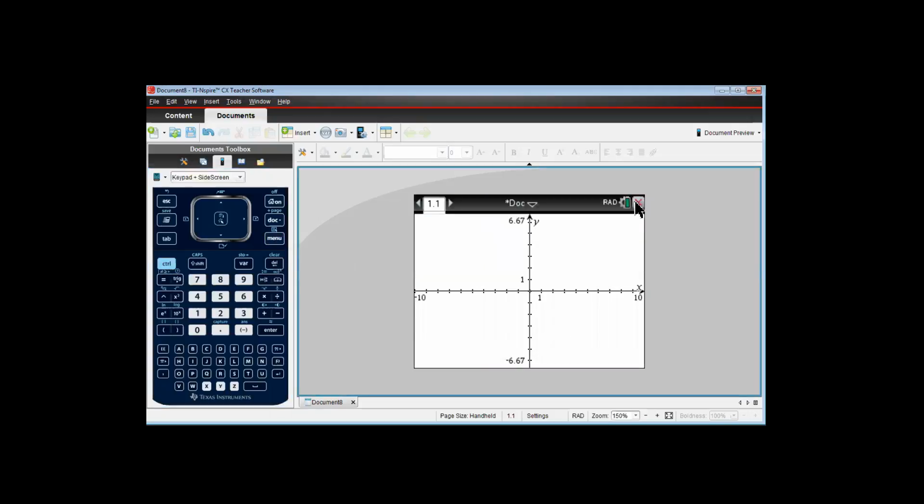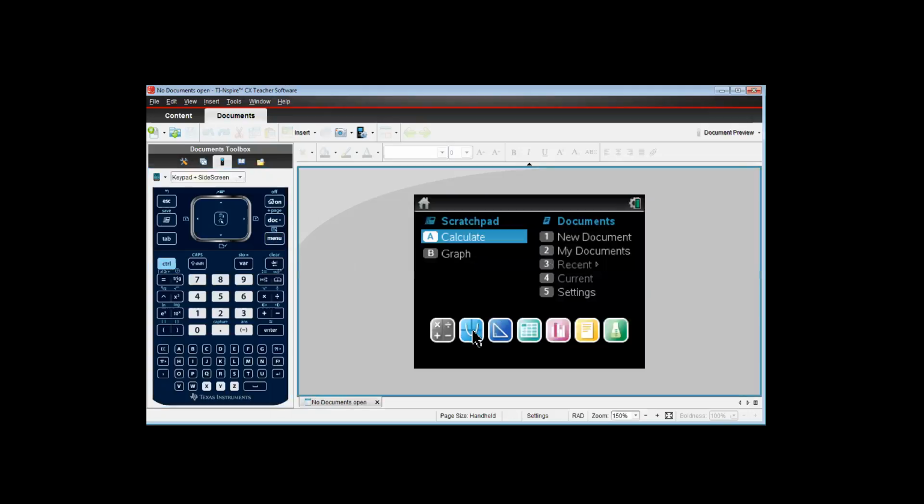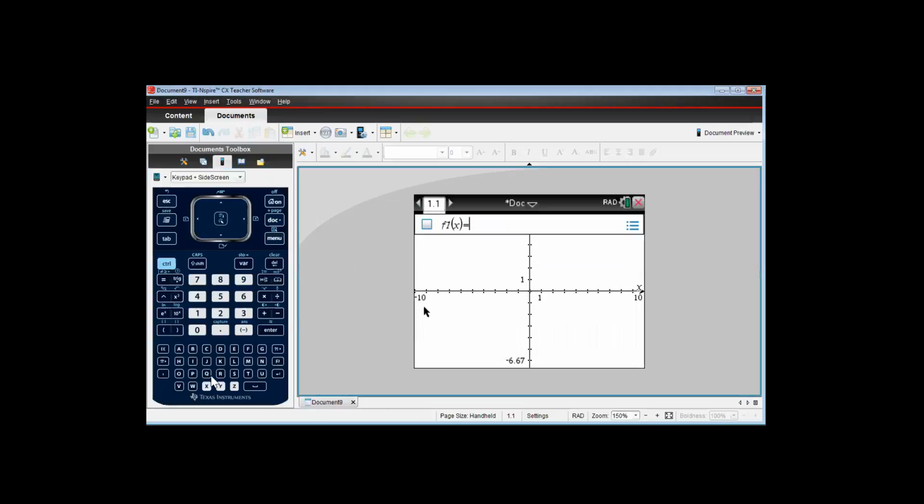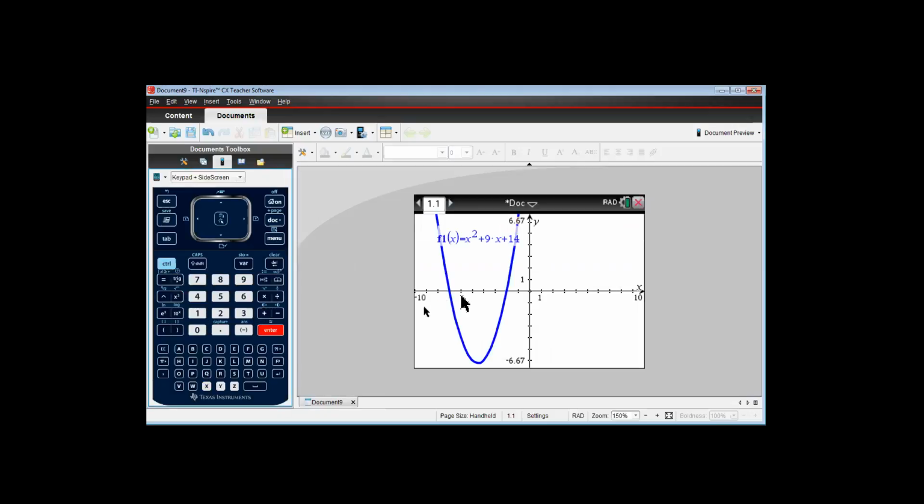Let me type that in again, x squared plus 9x plus 14. Notice that you've got 2 points where the quadratic crosses the x-axis. Those are called your intercepts.